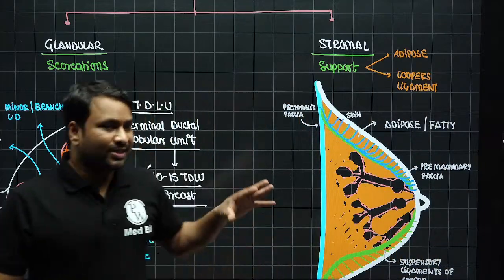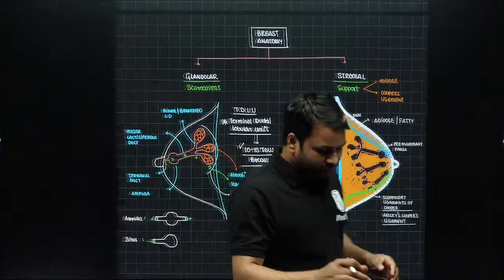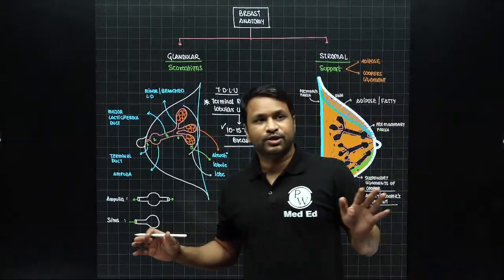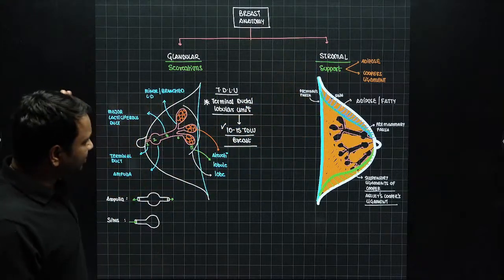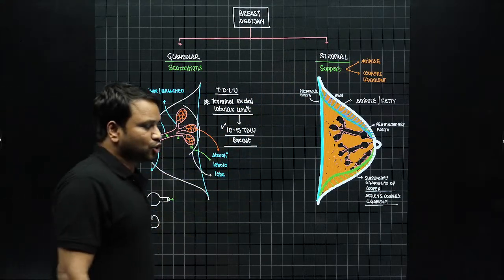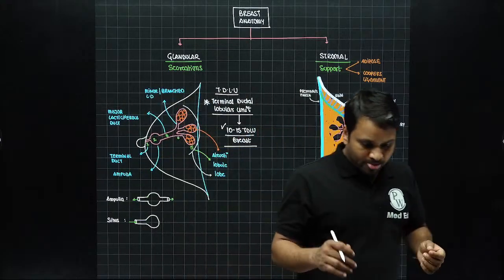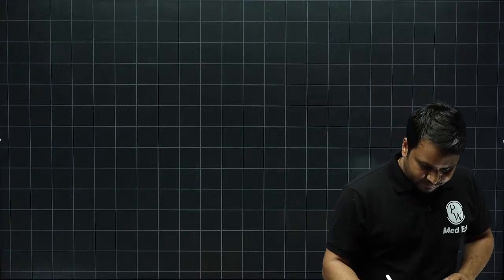Okay? So this concludes your glandular and the stromal component of the breast. Clear? Okay. So we started with the basic orientation, how it looks. We dug deep and found the microanatomy of the breast, that is the glandular and the stromal component. Now what is even more important is the breast lymphatics, right? So we'll talk about breast lymphatics.